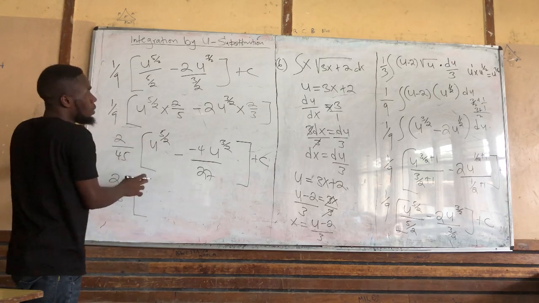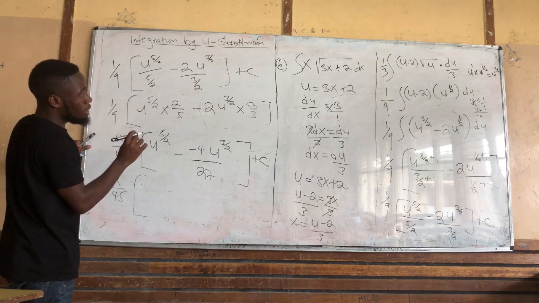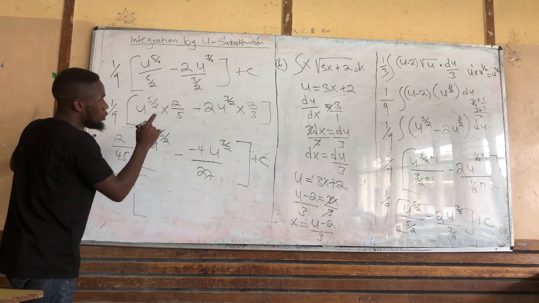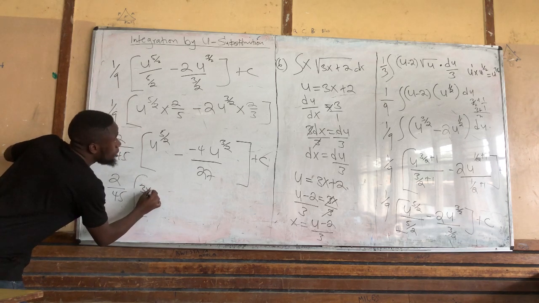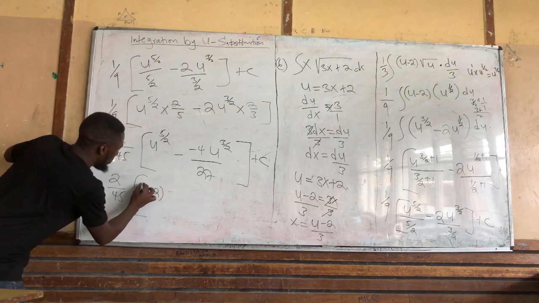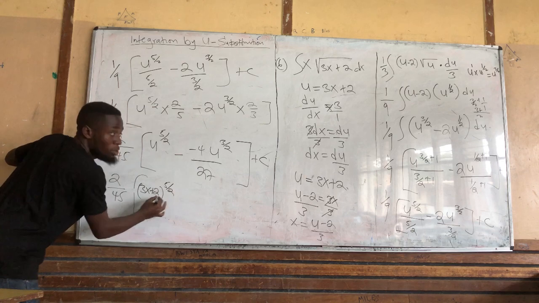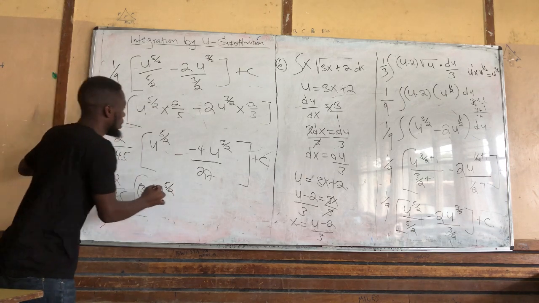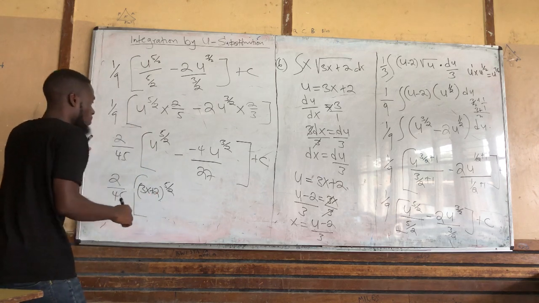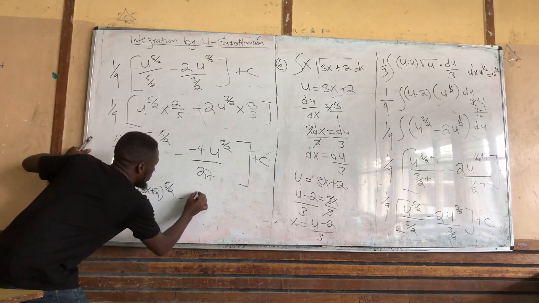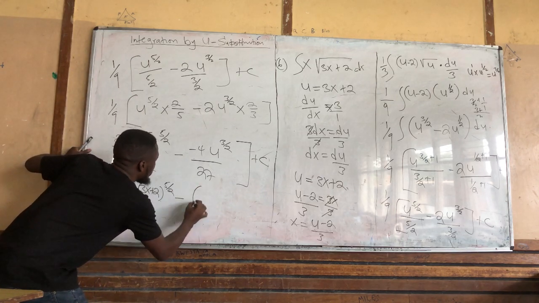What is the actual value for u? u is equal to 3x plus 2, to the power 5 over 2. This one and this one will be positive, but let me just put them like this.